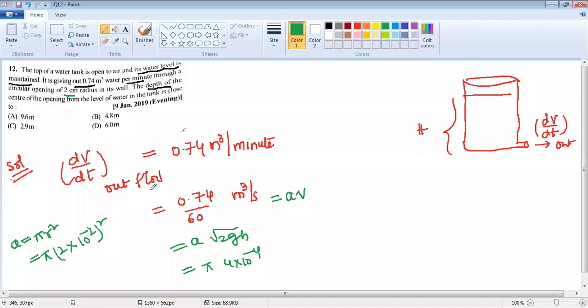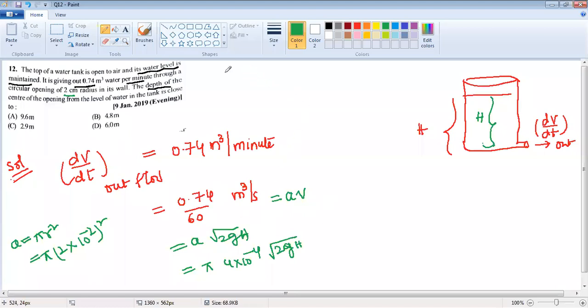The depth of the center of the opening from the level means the depth from the free surface. This is the opening. This is nothing but h, only I took. So the speed is root over 2g into h.